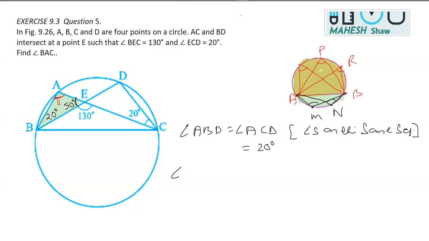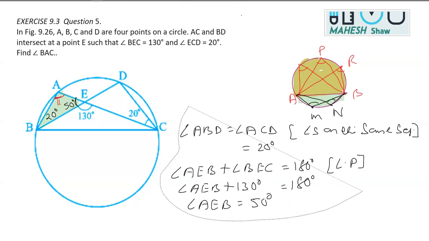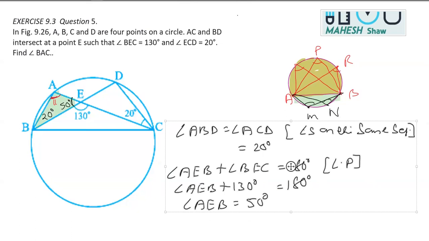Now in the next part, angle AEB plus angle BEC is 180 degrees. That's from the linear pair. Now replacing the value of BEC, which is given as 130 degrees, on transposing this value, it is 180 minus 130. That comes out to be 50 degrees. That is the part of the working for getting those two angles.